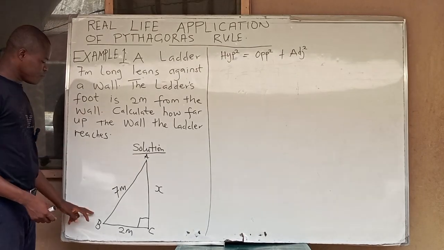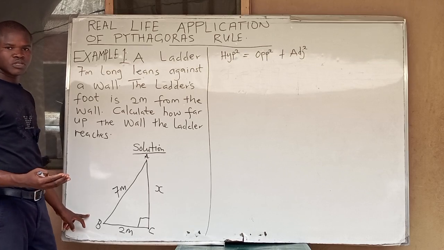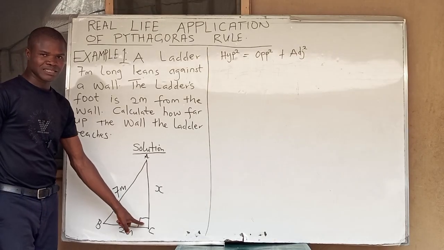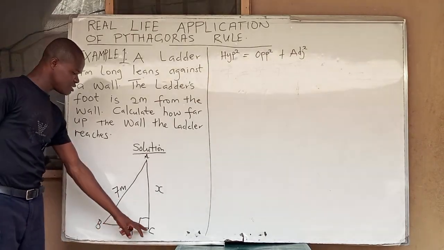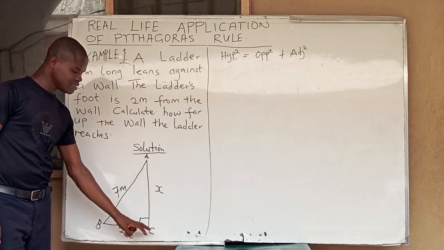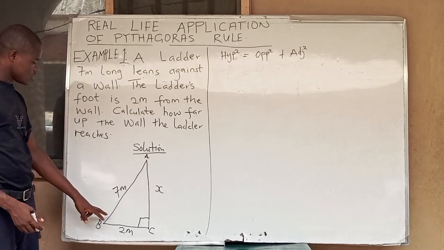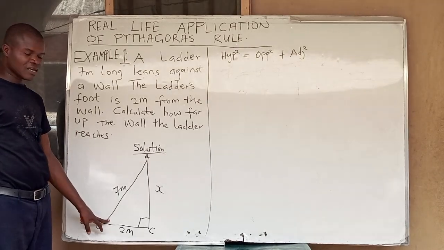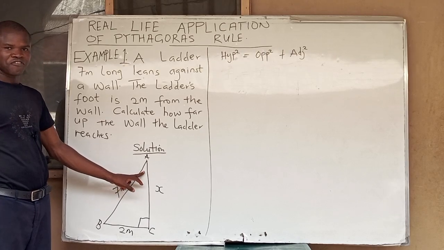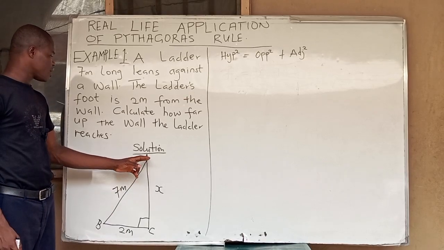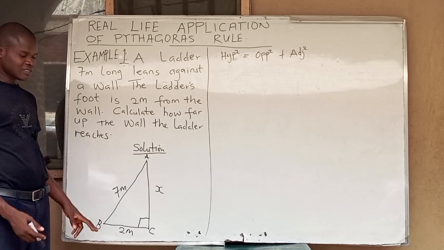Remember, line AB is your hypotenuse, because line AB is the line facing your angle 90 degrees. Line BC and line AC become your opposite and adjacent, because there is no angle specified here. So you can call line BC your opposite and line AC your adjacent.